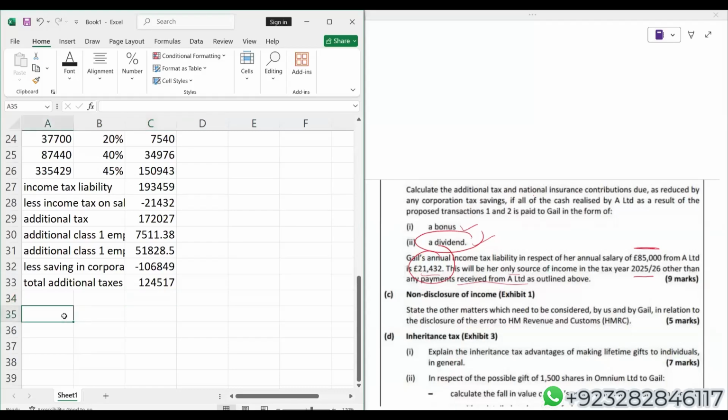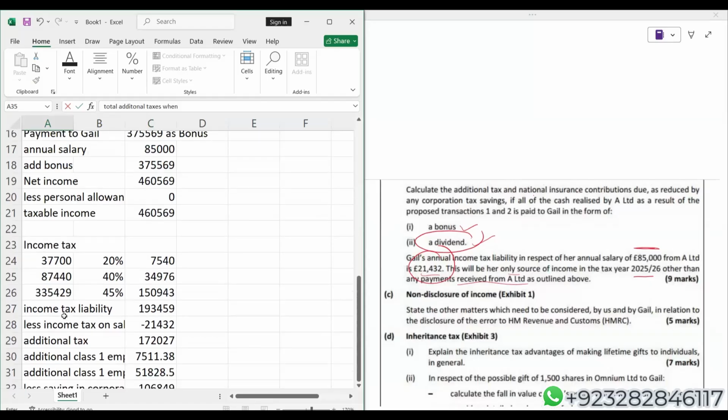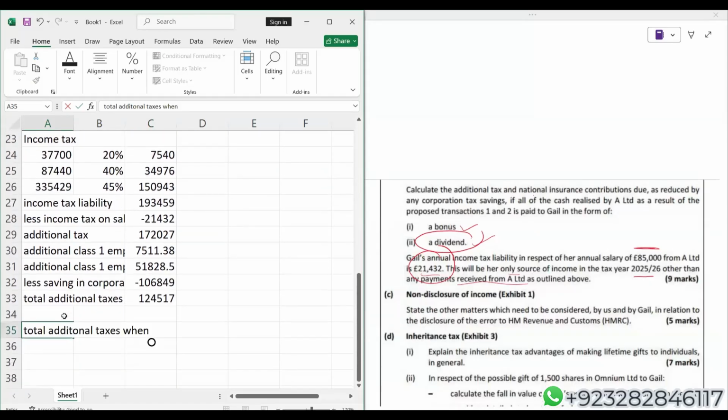Let's calculate. Total additional taxes when the amount is 3,75,569, when 3,75,569 is given as dividend to Gail. Annual salary 85,000.